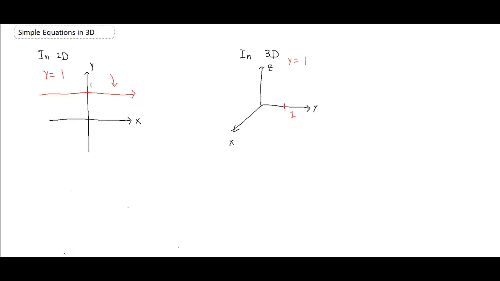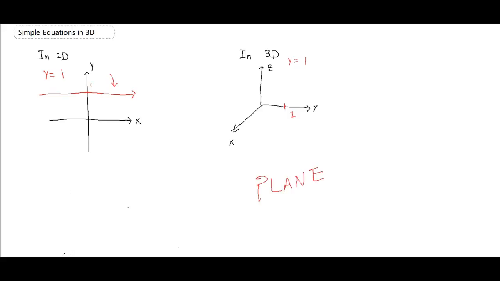So in three-dimensional space, if you are fixing only one variable, then you need to extend that point into both the x and z directions. So do you see what we're going to get for the graph? When you extend this into both x and z directions, what you are going to get is not a line, but a plane.